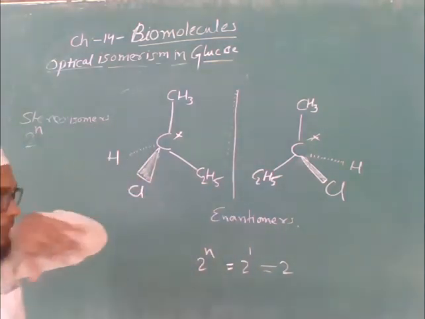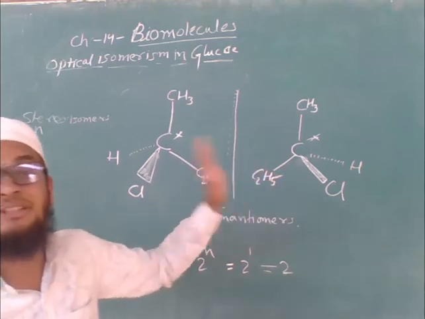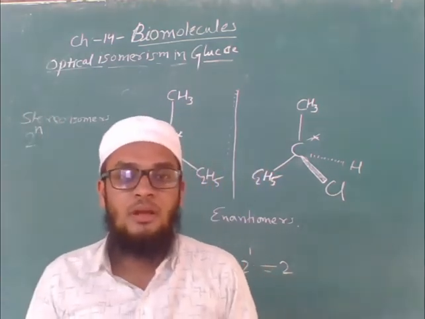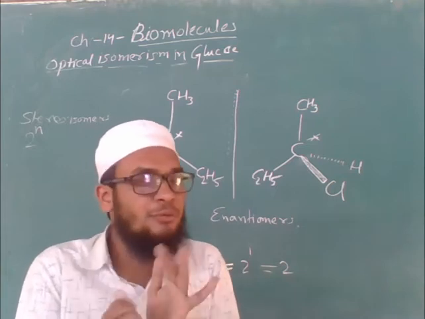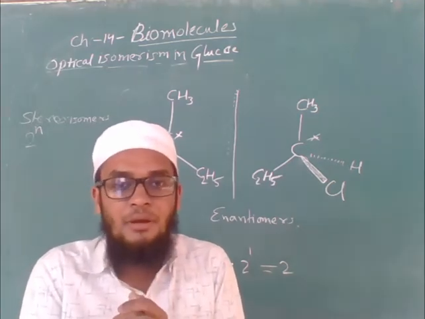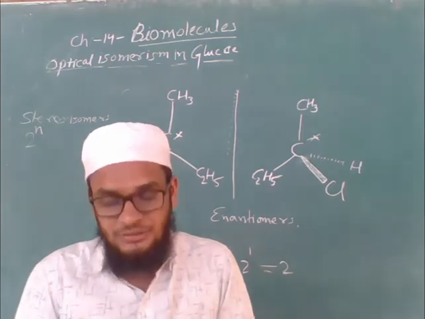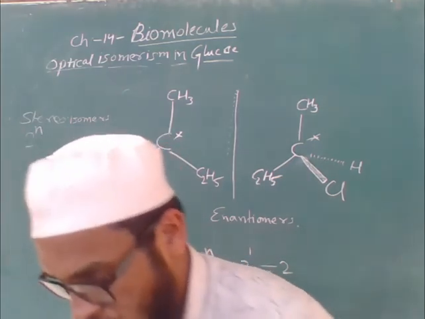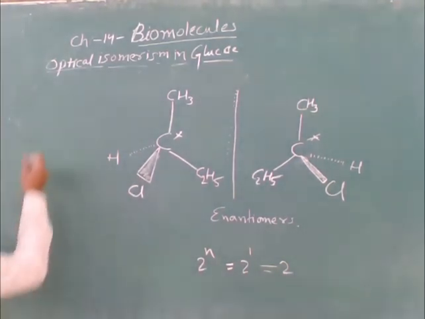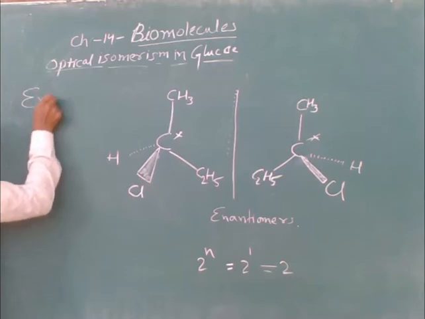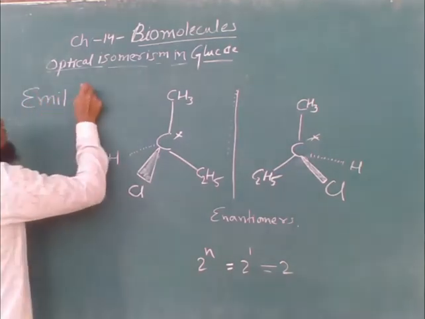Now the next point. I know you people are having difficulties in drawing this 3D structure. To draw this 3D structure in a plane is difficult. So another scientist, his name is Emil Fischer. What's the name of the scientist? His name is Emil Fischer.